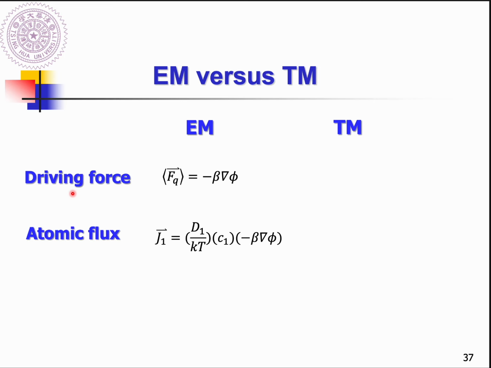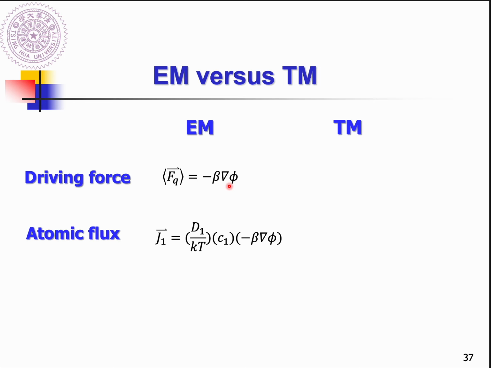In the last part, in lecture 1, we also learned that if you apply an electrical field on the materials, then the driving force F small q will equal minus the electrical potential gradient, right? But in that case, we don't observe any electron migration. That means the current density is low compared to this one.